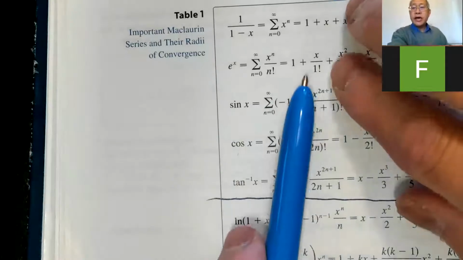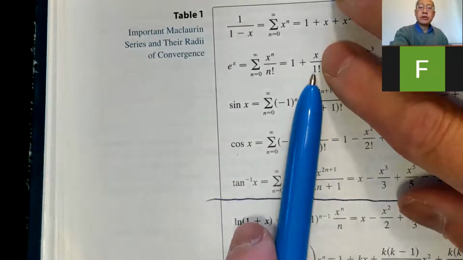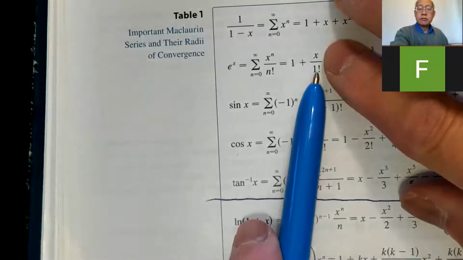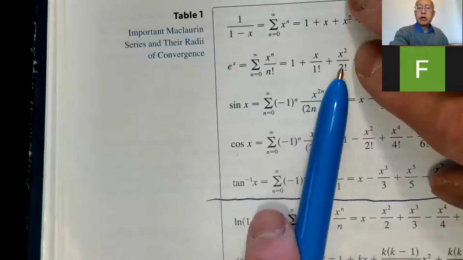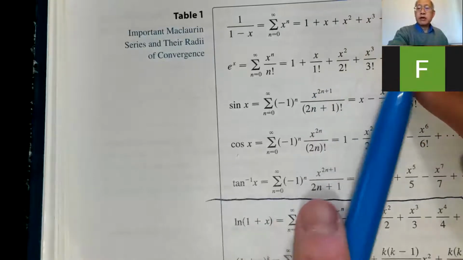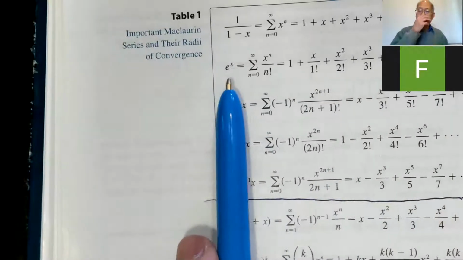By the way, you did a lot of that in Calc 1, right? Find the equations of the tangent to the curve at a certain point. Linear approximation. Now we can do quadratic approximation, cubic approximation, 4th degree, 5th degree. As you take more and more terms, the graph looks more and more like e to the x.